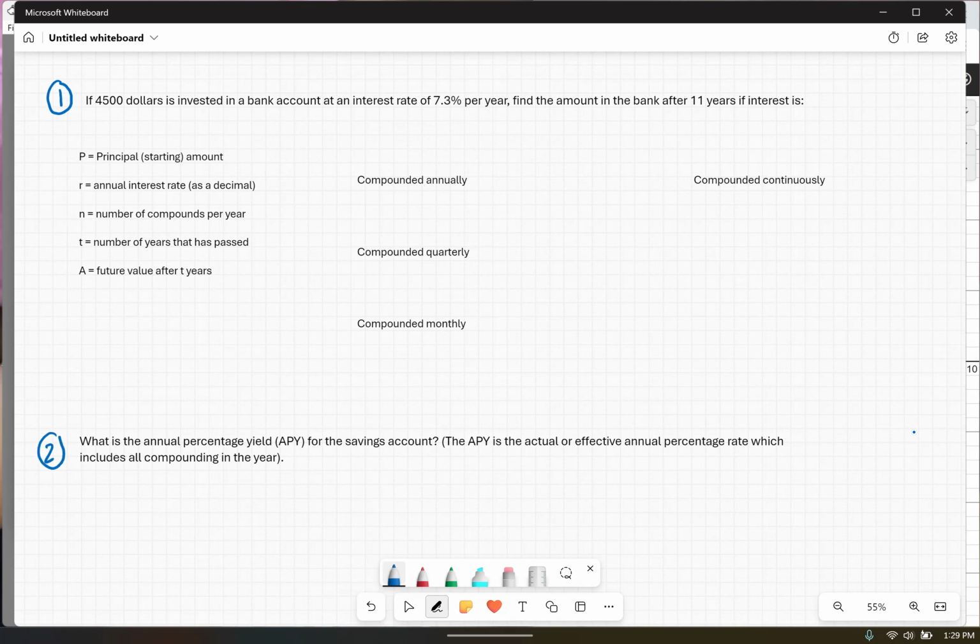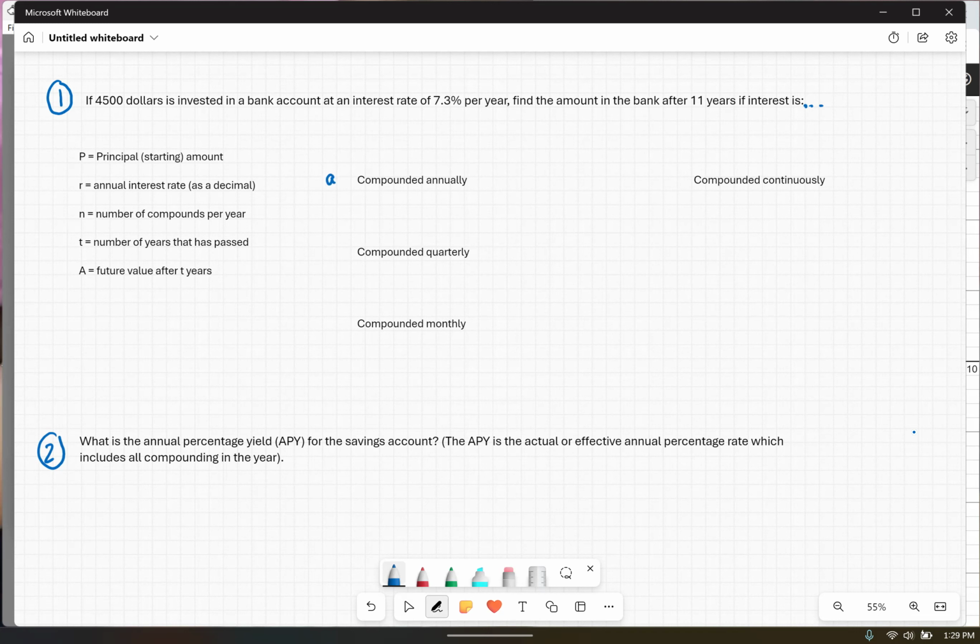So the first problem: if you have $4,500 invested in a bank account at an interest rate of 7.3% per year, find the amount in the bank after 11 years. If interest is... let's continue this statement.